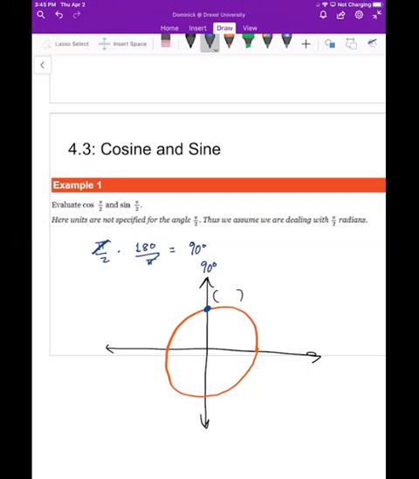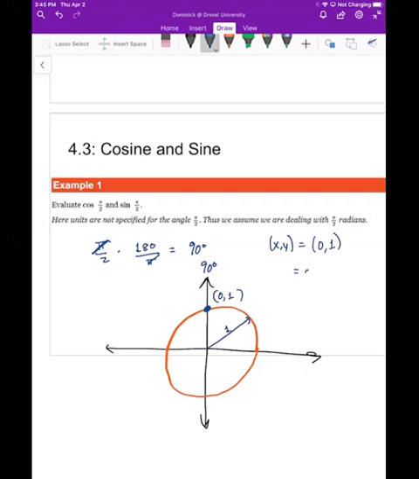Well, remember that this radius is a length of 1. So if I'm on the radius, that means that that has a length of 1, right? Now, my x-coordinate is clearly 0 because I'm on the y-axis, all right? And of course, since my radius is 1, that means that my y-coordinate is 1, right? So my x comma y is equal to 0 comma 1.